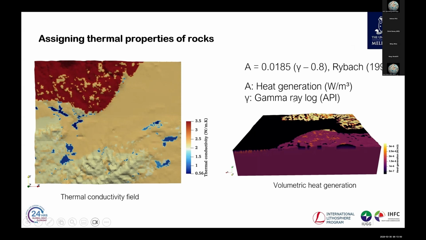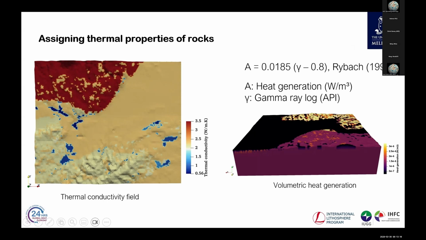Gamma ray logs are used to calculate the heat generation, and you can see here the top units, which are composed of more sandy units, have very low heat generation, less than 5 times 10 to the power of minus 7 watts per meter cubed.